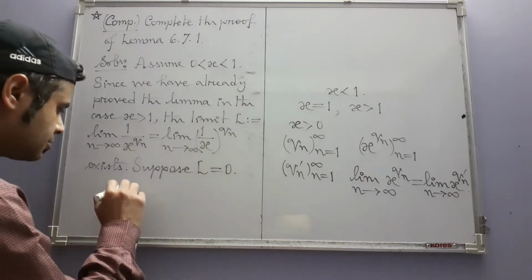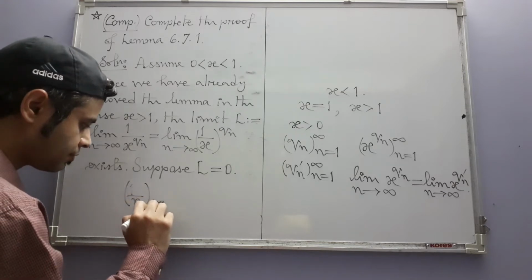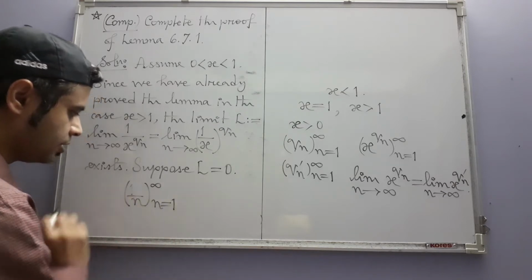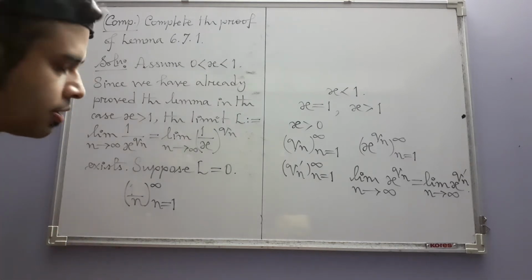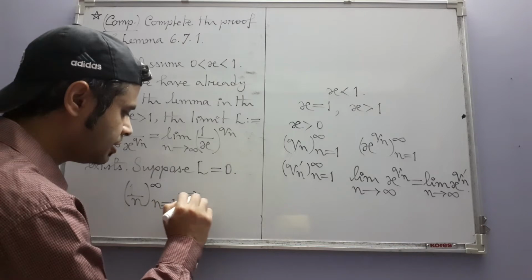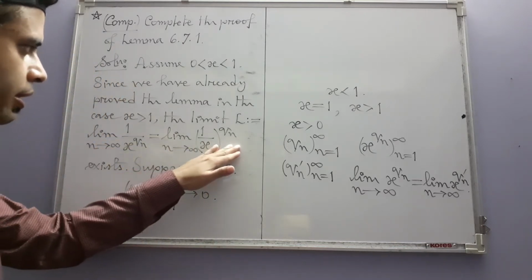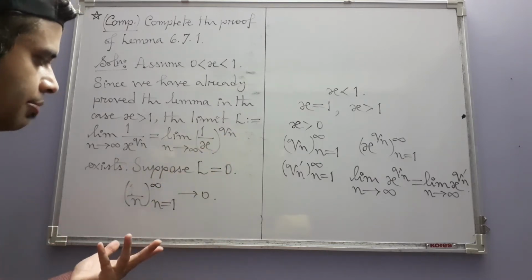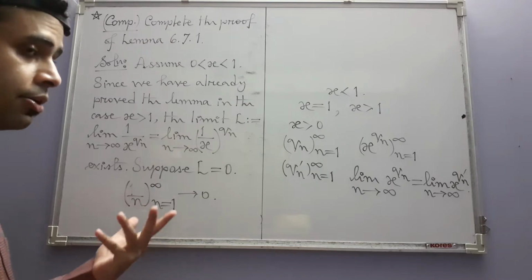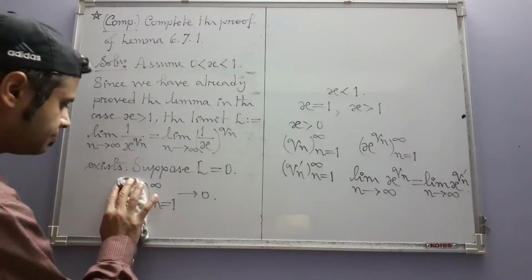One such sequence is the sequence of the reciprocals of the positive integers, where all the terms are positive real numbers, in fact rational numbers, but the limit is 0. So just from here we cannot immediately conclude that the limit is non-zero. The limit can be 0, but the limit cannot be negative. Okay, so we have now supposed that the limit is 0.